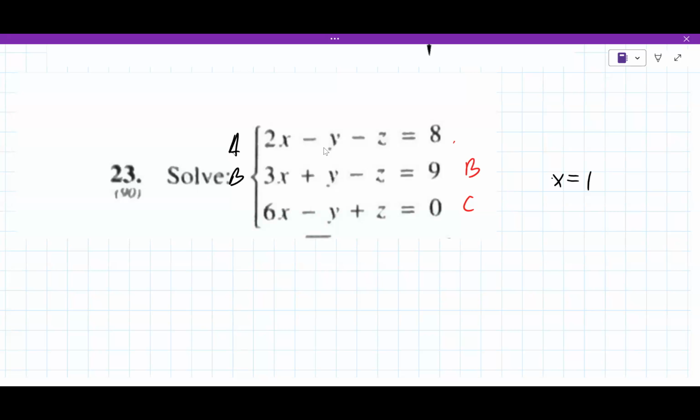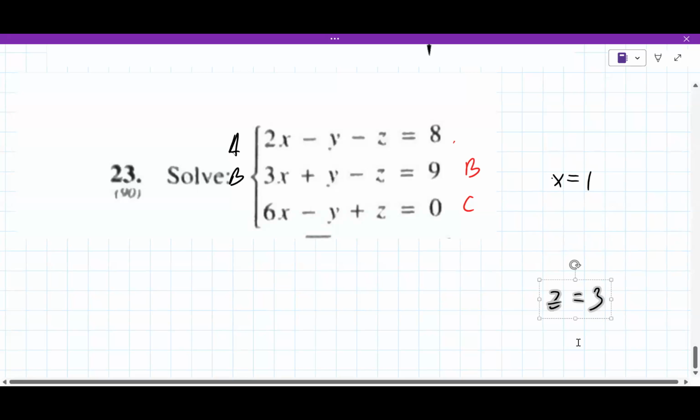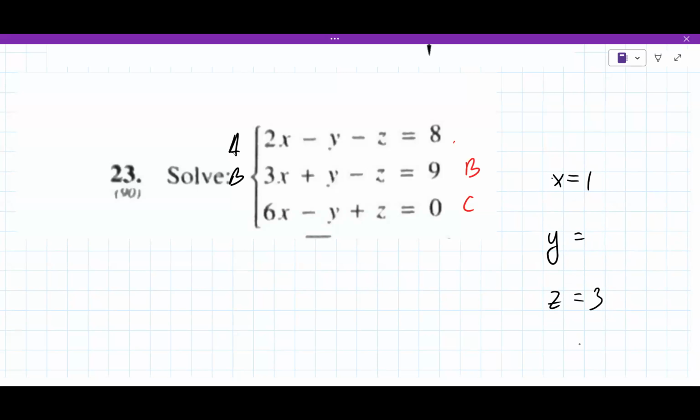X equals 3. You just said X equals 1. Sorry, maybe I meant Z. Okay, good. Z equals 3. All right. And then let's see. Z equals... Oh wait, sorry. Z equals 9. You just found Z. Maybe you meant Y. Sorry.